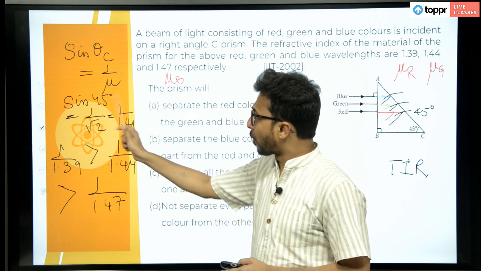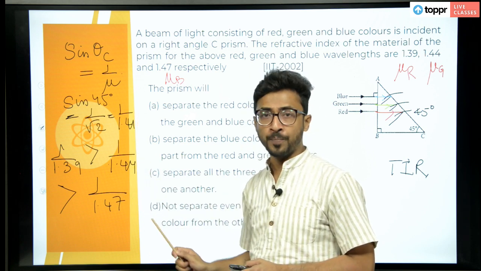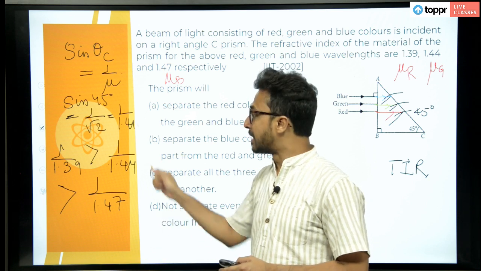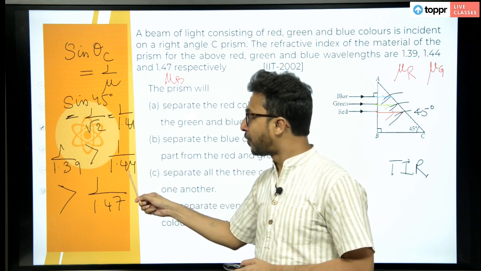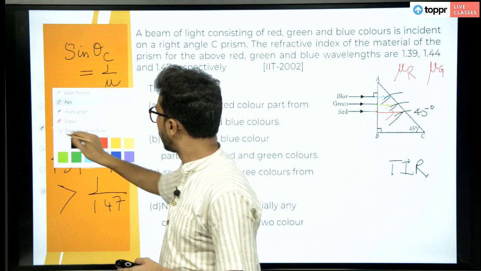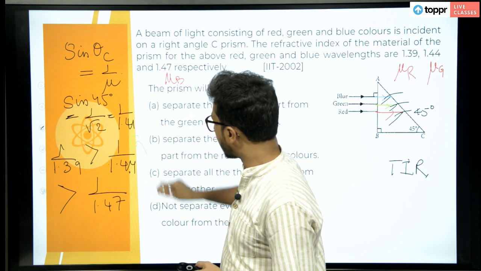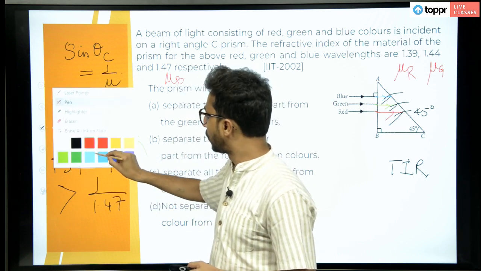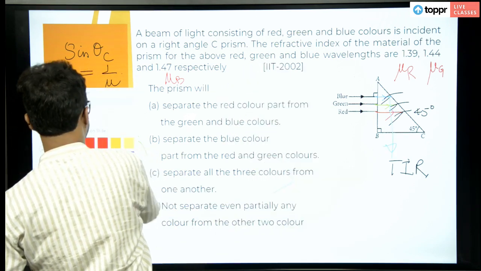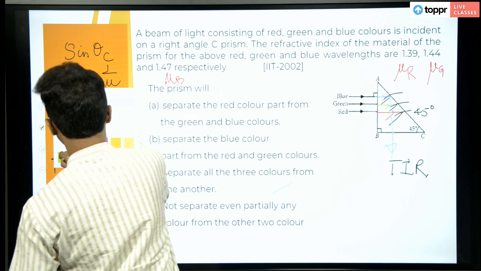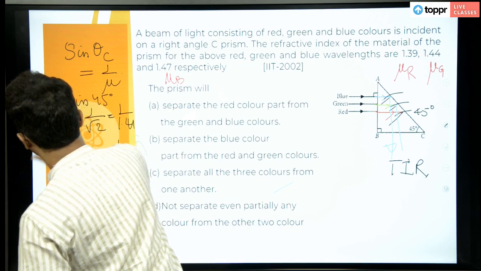Now see, 45 is 1.41, just above 1.44. So what does this mean? That is, the angle of incidence 45 is more than the critical angle of green, this is for green, and this is for blue. Blue I have drawn. Let me draw for green.